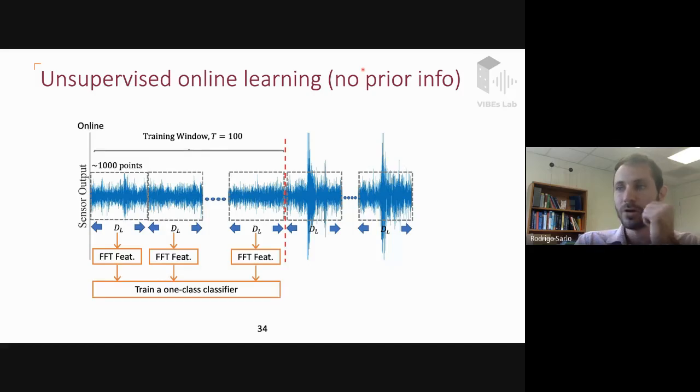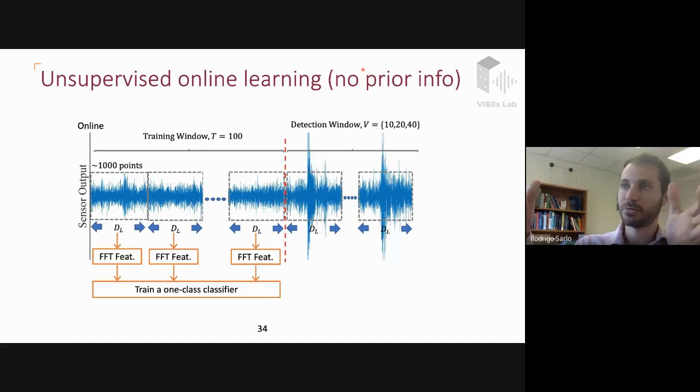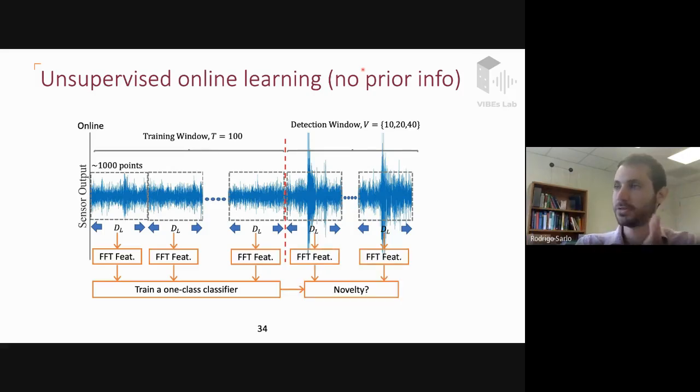We train a one-class classifier. What that means is essentially a classifier that tells us whether a new segment is from the training population or from outside of it. Once we have that classifier, we define a detection window, which is a group of segments that we use to decide whether there is a novelty or not. We extract the features for those segments, and we use some sort of novelty score to aggregate the data from the different segments to decide whether there's overall a novelty.